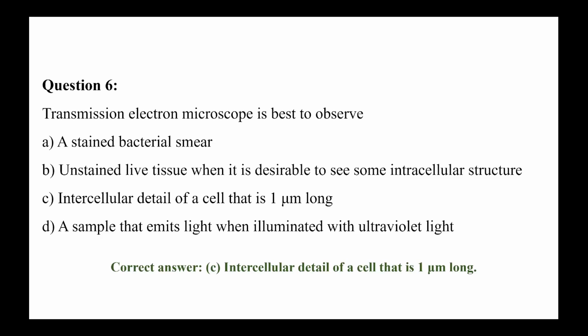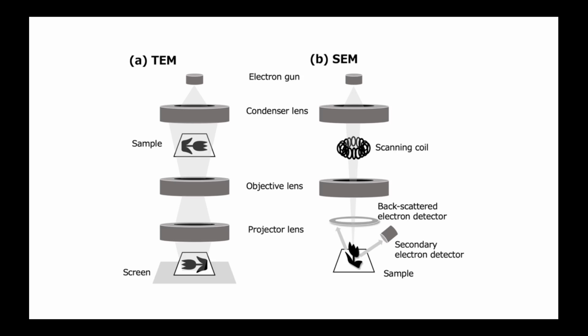So transmission electron microscope, by the name itself, you can see it has electrons as the light source. So basically an electron beam is transmitted through the sample. There are two types of electron microscopy commonly used for structure determination.